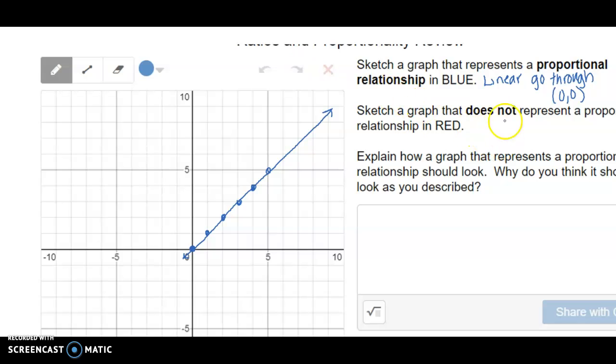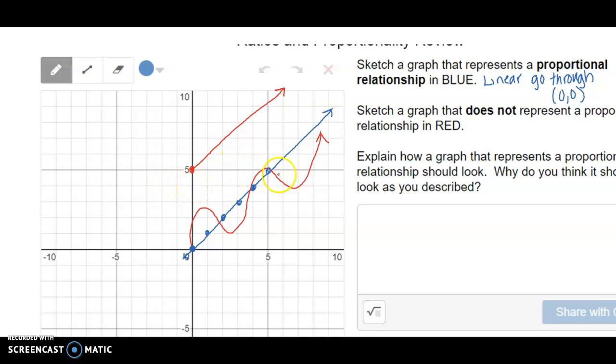Now, it says in red, create something that's not proportional. So basically anything that doesn't go through 0, 0 and isn't a straight line is an option. So you could have a line that doesn't go through 0, 0. You could have something that goes through 0, 0 but isn't a line. Anything that isn't like the blue proportional relationship would be a non-proportional relationship.